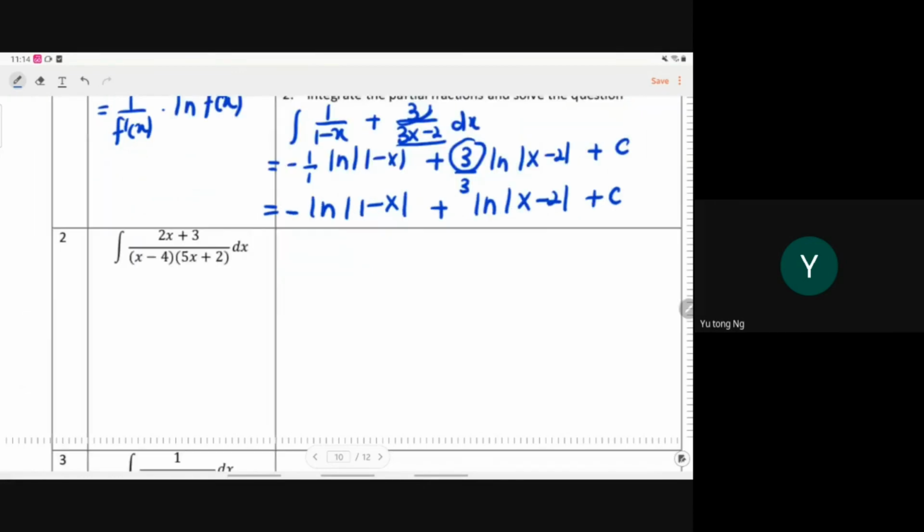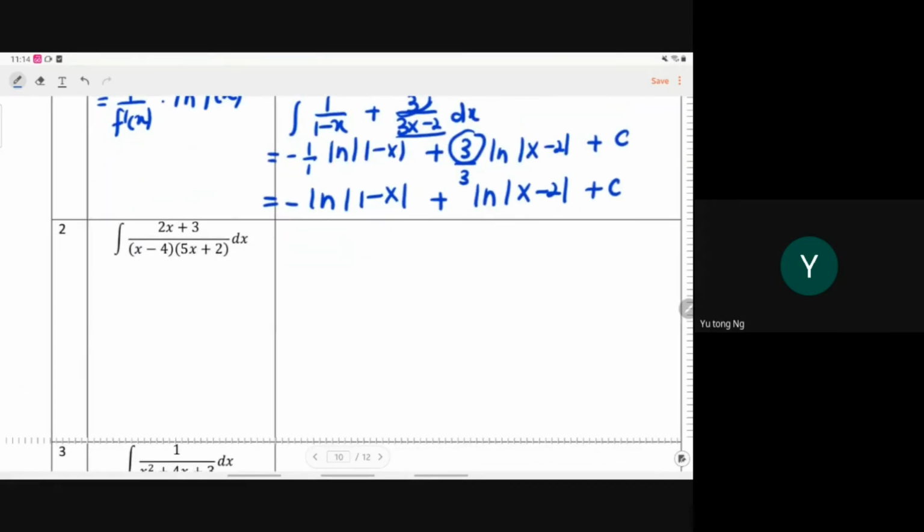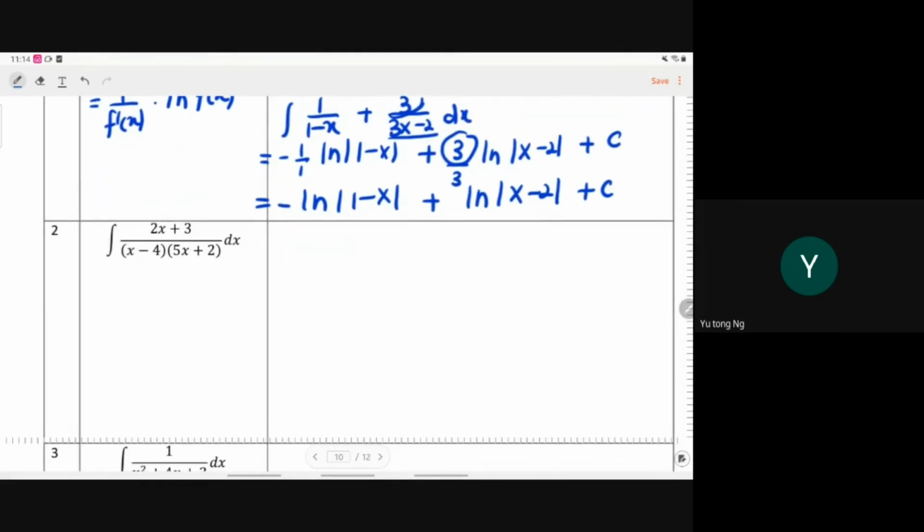Okay. Okay, so this one pun you have to find out the partial fraction. Okay, so (2x plus 3) over (x minus 4)(5x plus 2). So kita kena cari dulu dia punya partial fraction. 2x plus 3, 3 line because it's equivalent, dia bukan equals to. A(5x plus 2) plus B(x minus 4).